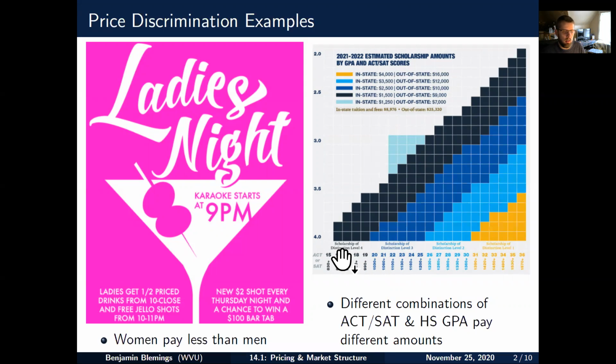You can see WVU's estimated scholarship amounts by high school GPA and entry test score, like ACT or SAT, on the x-axis, where gold is the most valuable. You're paying the amount based on what your GPA and ACT or SAT is combined. And so they're discriminating against you based on your academic merit.